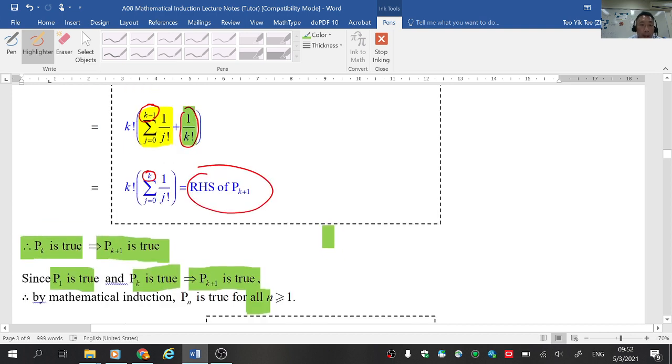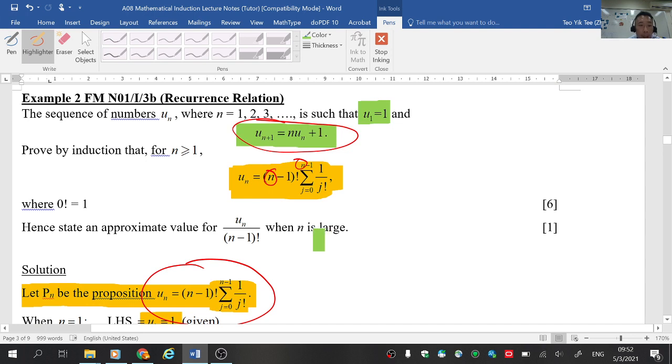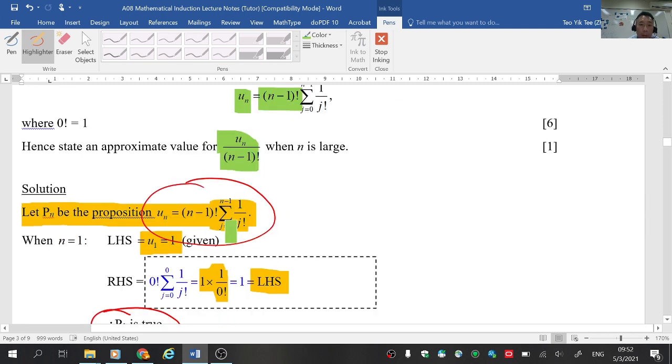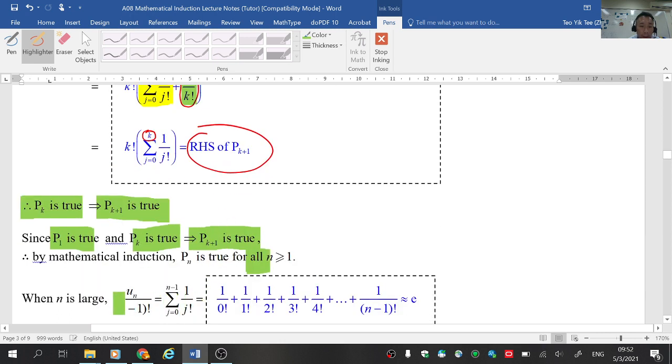Then of course the last part of the question has nothing to do with mathematical induction. It's a matter of analysis. State an approximate value of this result. Nothing really fantastic. If you observe a bit, it comes from these and this. Do a division, and you realize that this result is actually equivalent to this summation in yellow.